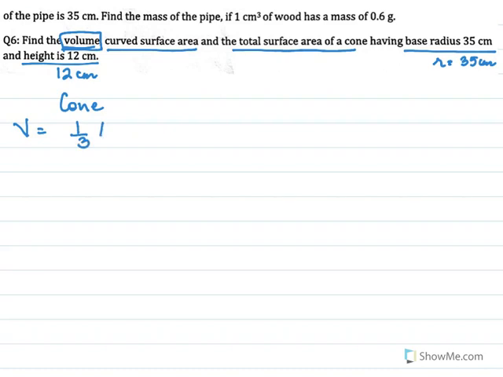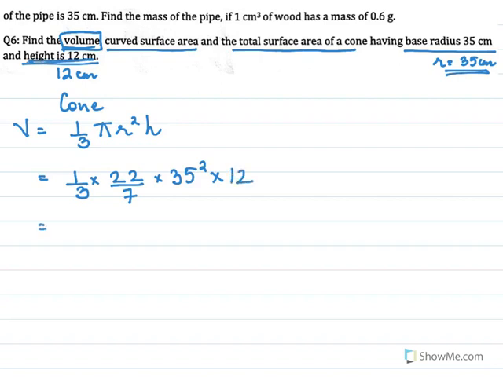Volume of cone is 1 by 3 pi r square h. 1 by 3 pi, 22 by 7. The r is given here as 35, so 35 square. The height is given here as 12. And you need to work this out. So that will be 1 by 3 into 22 over 7, 35 into 35 into 12.